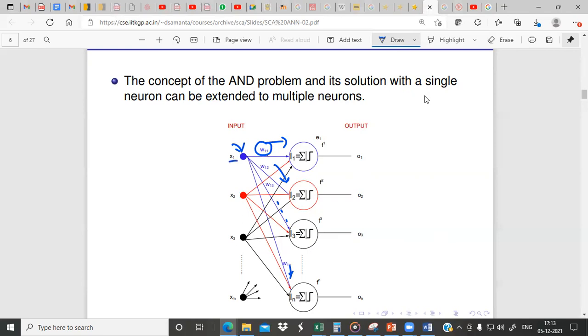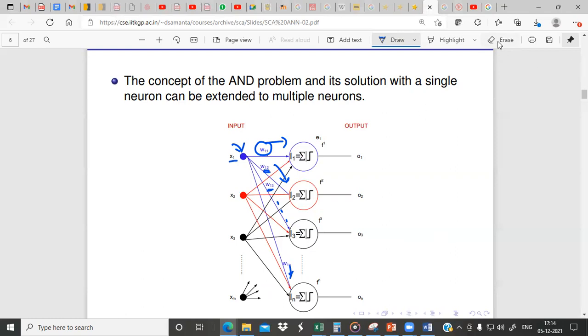It is connected to the second neuron with the weight W12. The weight between the first input and the third neuron is W13, the fourth neuron is W14, and the fifth neuron is W15, so on and so forth.